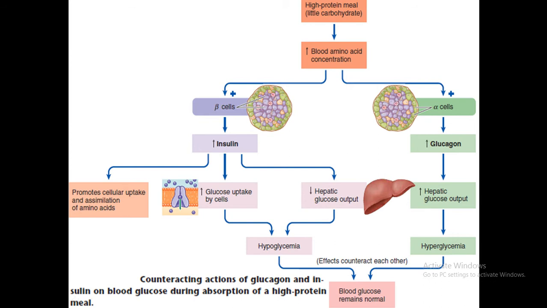You can have increased insulin and increased glucagon. So what happens in the end? Hypoglycemia and hyperglycemia, both counteract their actions, and the blood glucose level remains normal.